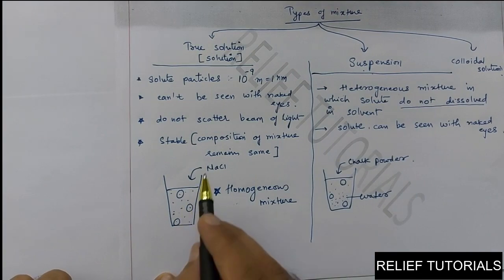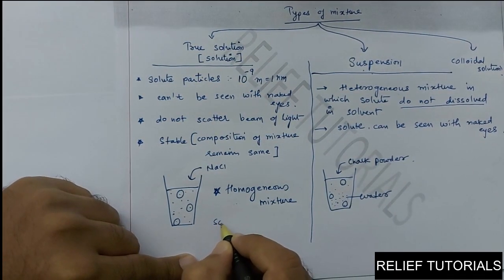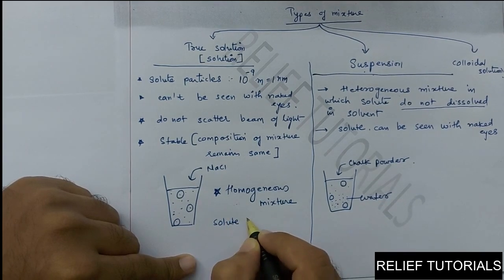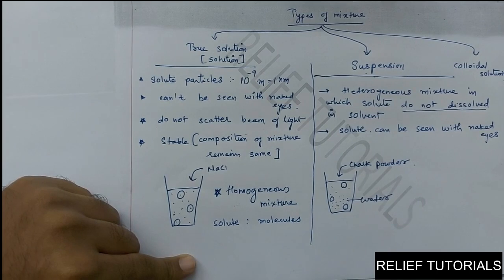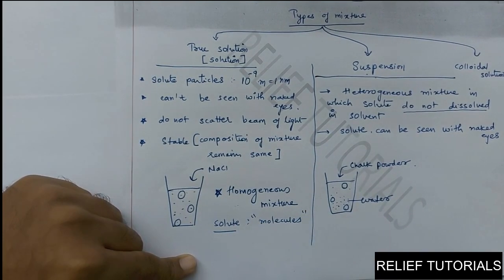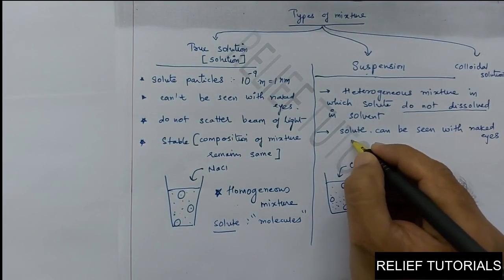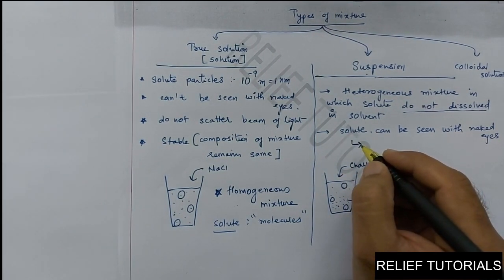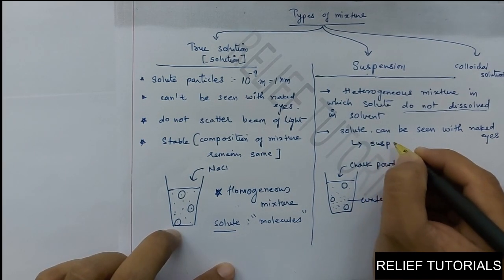Here the solute particles are converted into its molecules. So actually here we can say that solute particles are called as molecules, and here the solute particles are named as suspended particles.